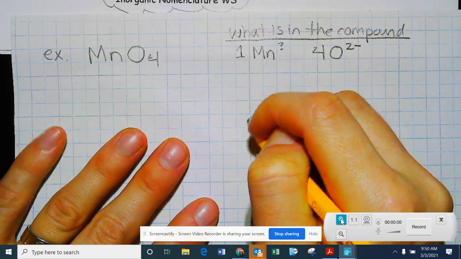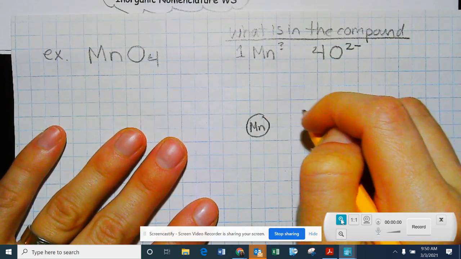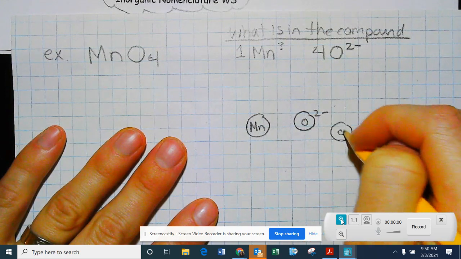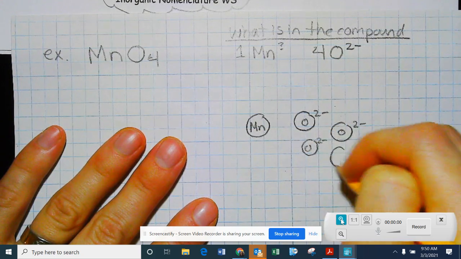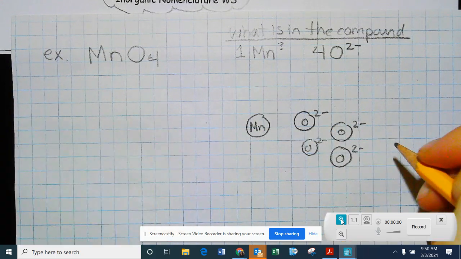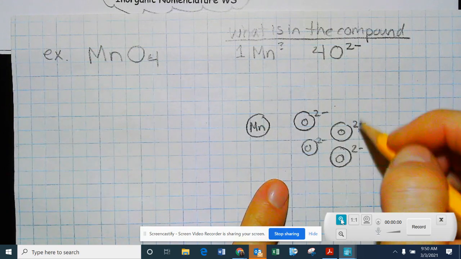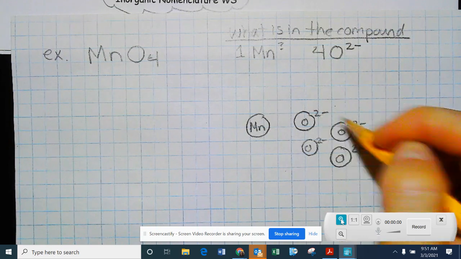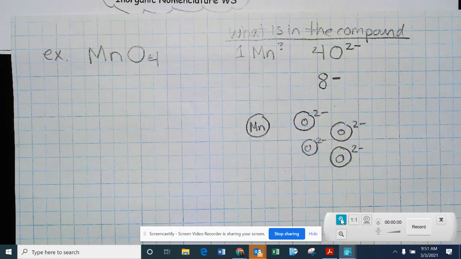I have 1 Mn, and then 1, 2, 3, 4 oxygens, and all of those oxygens have a 2 minus charge. So in total, how many negative charges do I have? 8. Yeah, so 8 negative charges.